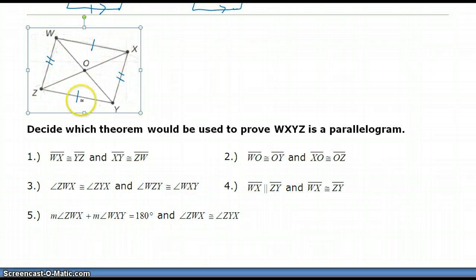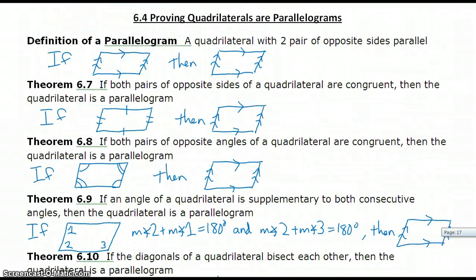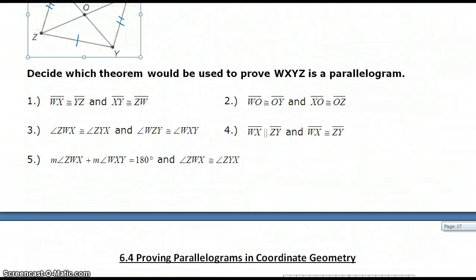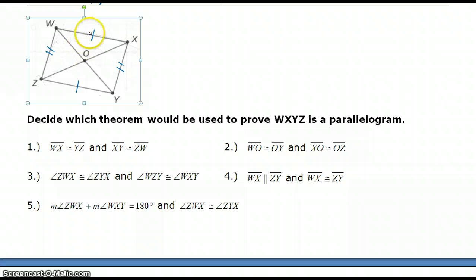Well, which one of these pictures does this look like? Looks like theorem 6.7. I have two pair of opposite sides congruent. I would use theorem 6.7 to prove that this is a parallelogram.